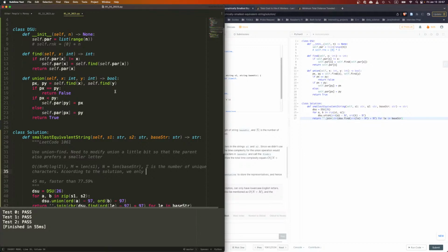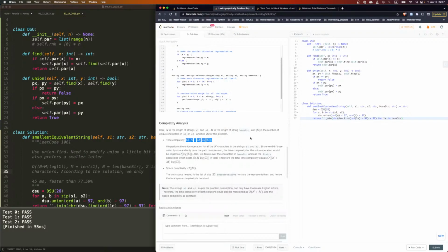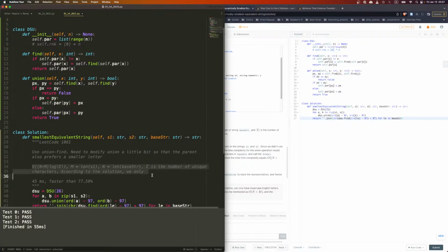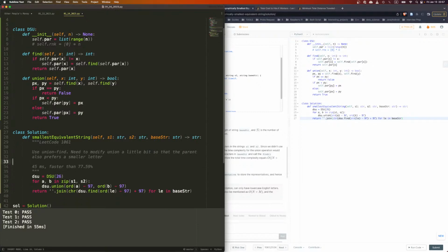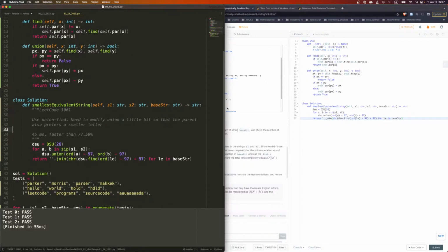But we do have path compression, right? Don't use union by size. You never use union by size. Alright, whatever it is, just don't care. It's too complicated. I'm happy with this. Alright.